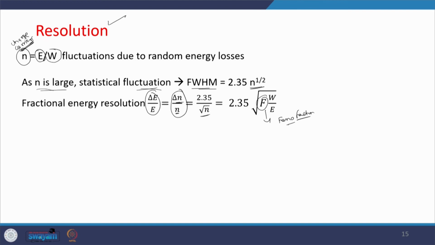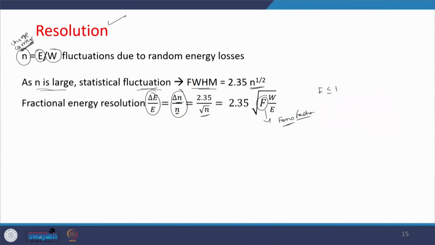See, Fano has demonstrated that whatever fluctuations we are expecting in the number of charge carriers, in reality it is not that much, it is less. So, it is less than or equal to 1. For example, for gases like argon it is about 0.4, and for semiconductors it is 0.1.